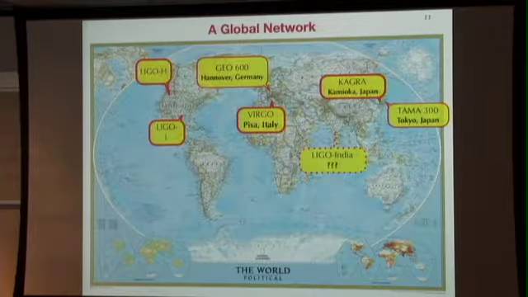So in fact, in the entire world, there's not only the LIGO detectors, but a global network of detectors. In Europe, there's the Virgo detector and the GEO600 detector. The Virgo detector is 3 kilometers in arm length, comparable to the LIGO detector. GEO600 is 600 meters long, so it's somewhat shorter.